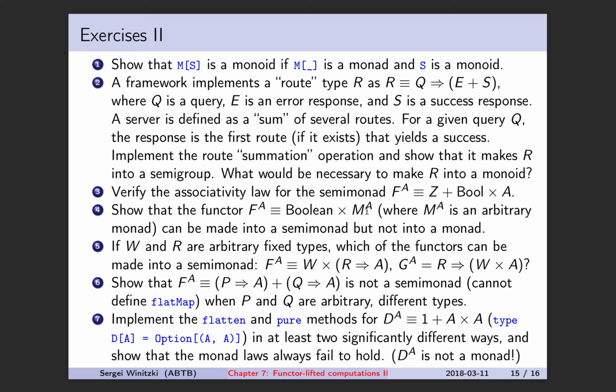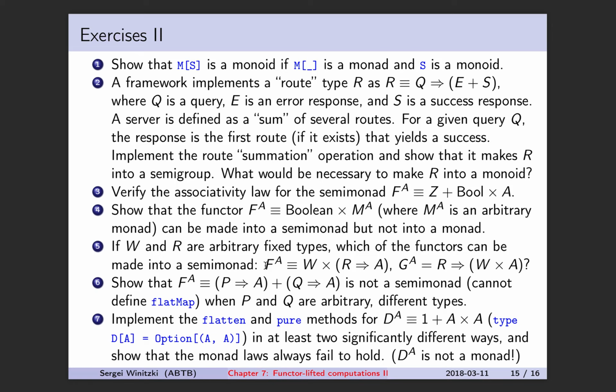So the disjunction of M A and M A is not a monad. We know it's a semimonad because we have the product construction, but it's not a monad. So show that the laws don't hold.